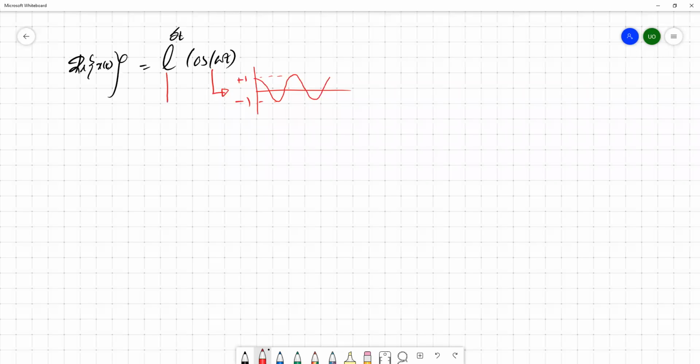Let's assume for the moment that sigma is greater than 0.